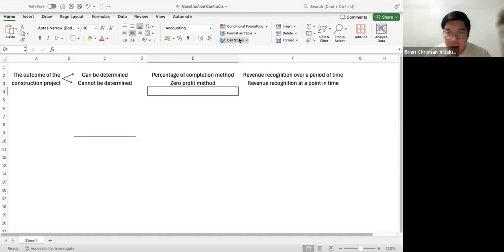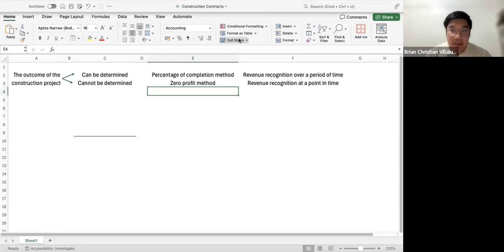Para hindi kayo manibago, dahil nasimulan naman na natin ang PFRS 15, i-connect lang natin siya sa mga concepts na na-discuss na natin sa PFRS 15, okay? So, if the outcome of the construction project can be determined, we are allowed to use the percentage of completion method or revenue recognition over a period of time.